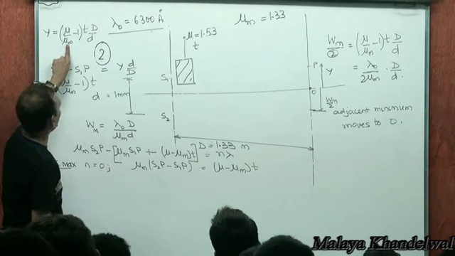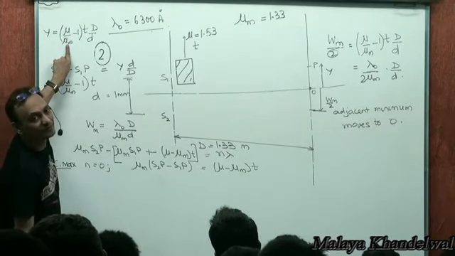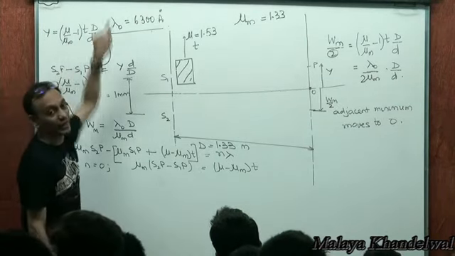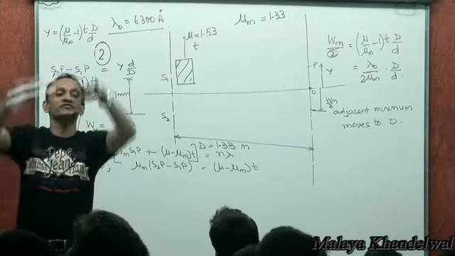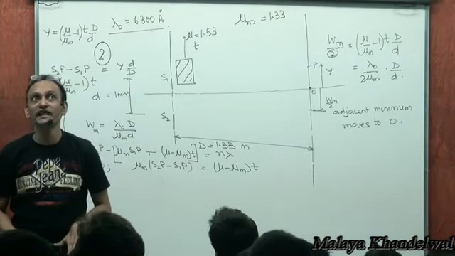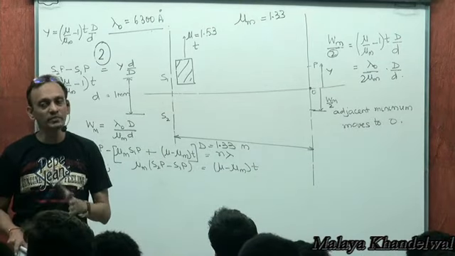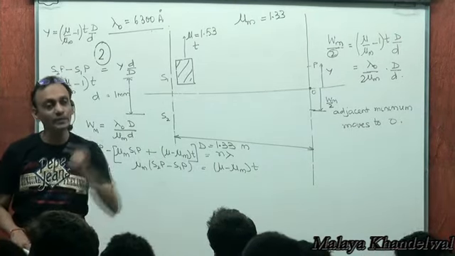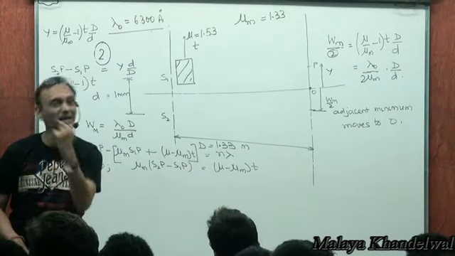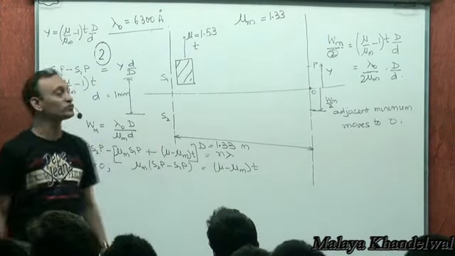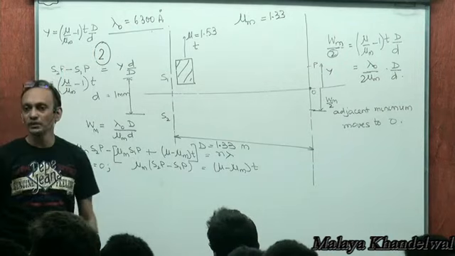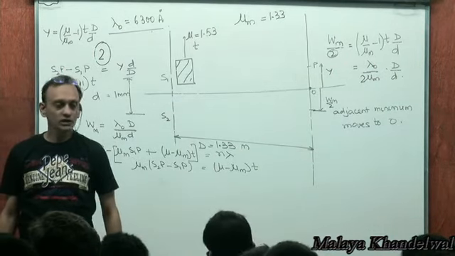If the surroundings were air, then mu m would be 1, and it will be (mu minus 1) into t into capital D by small d. The shift upwards in air would have been (mu minus 1) into t into capital D by small d. But in the medium, it's going to be not mu in air, but mu with respect to the medium. That means mu by mu m is what you're going to use. Clear? Sounds all right now?